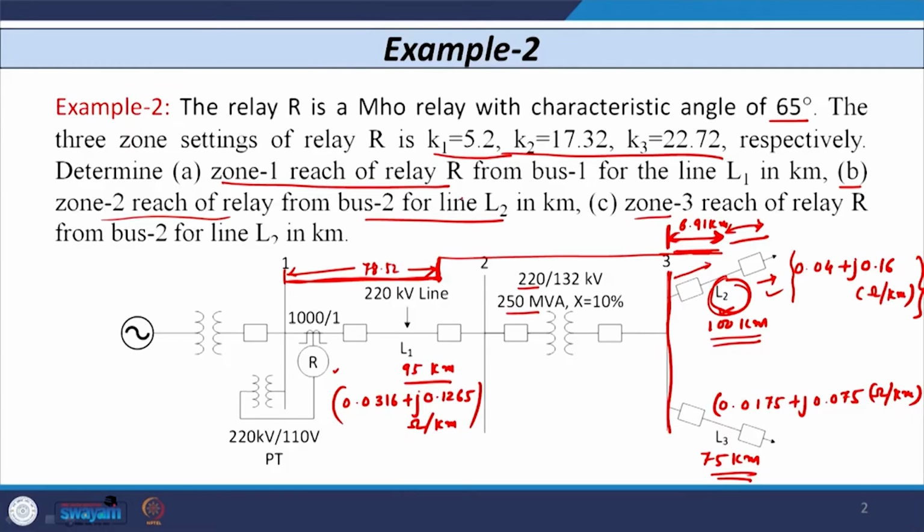If I refer to the figure, the zone 3 reach of this relay R will go from this point, and you see the length of line L2 is 100 kilometers, so it covers 75.8 kilometers from this point.